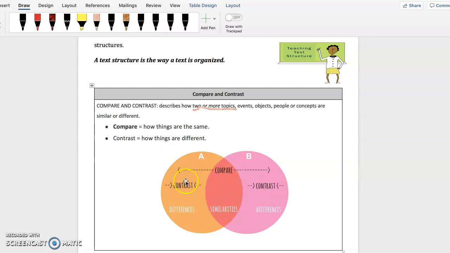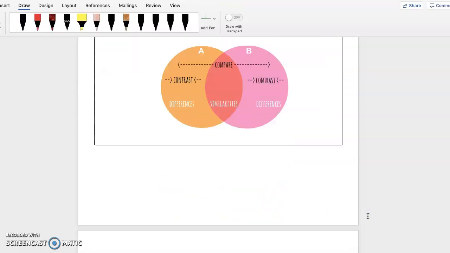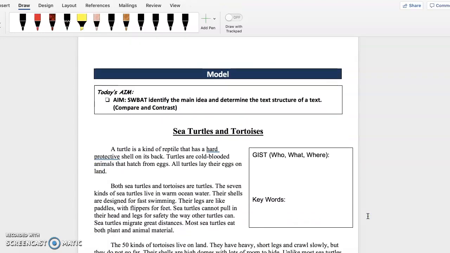How they are the same and then how they are different. So today, we're going to be reading text and looking at 2 or more different objects. We're going to compare them, talk about how they are the same, and then contrast them and talk about how they are different. So let's go ahead and continue moving.